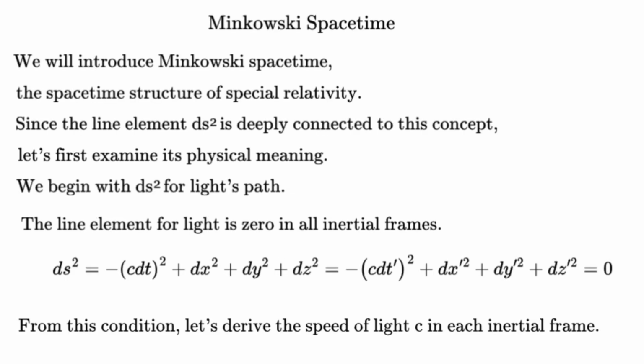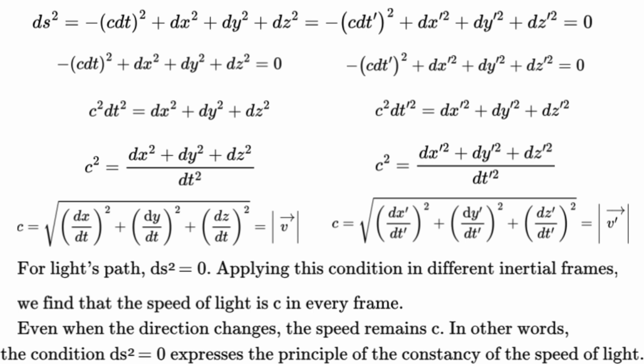Minkowski spacetime. We will introduce Minkowski spacetime, the spacetime structure of special relativity. Since the line element ds squared is deeply connected to this concept, let's first examine its physical meaning. We begin with ds squared for light's path. The line element for light is 0 in all inertial frames. From this condition, let's derive the speed of light c in each inertial frame. For light's path, ds squared equals 0.